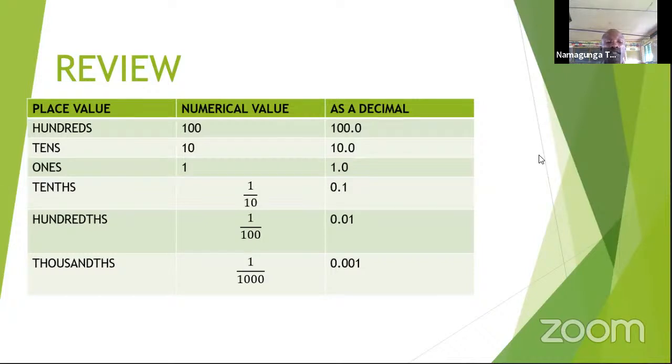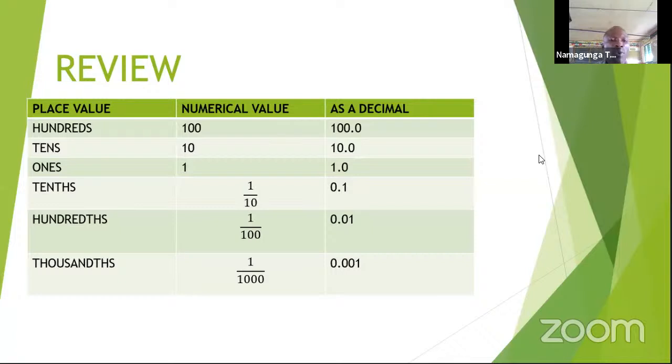And the next three that we are having there, we have the tenth, the hundredth, and the thousandth. Those are the place values of digits which are on the right of a decimal point in a decimal number.